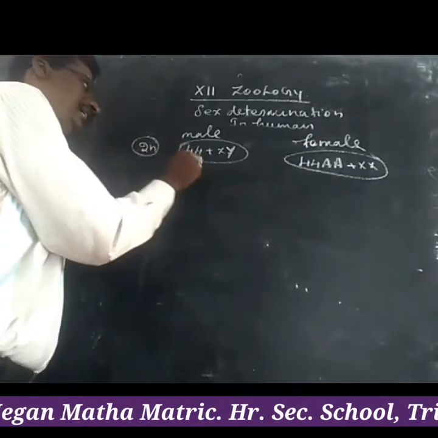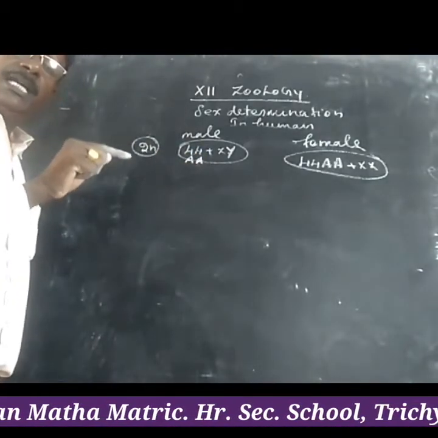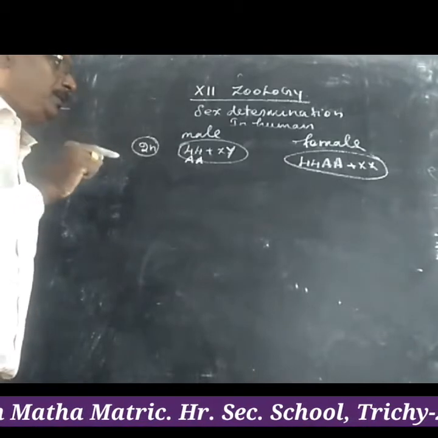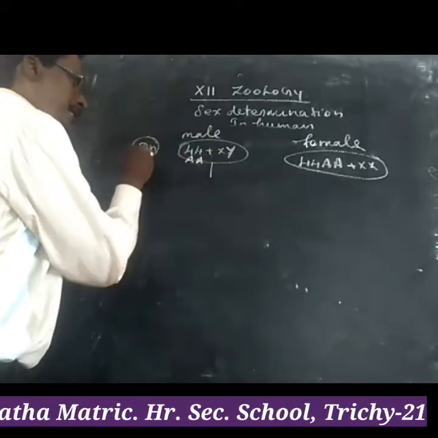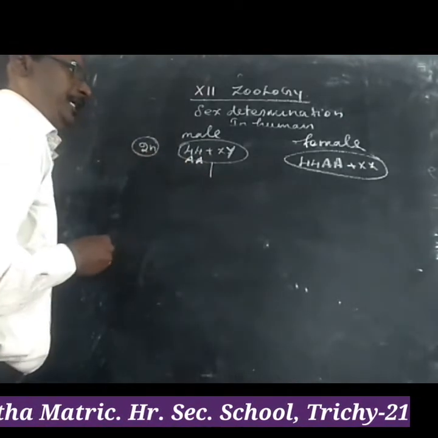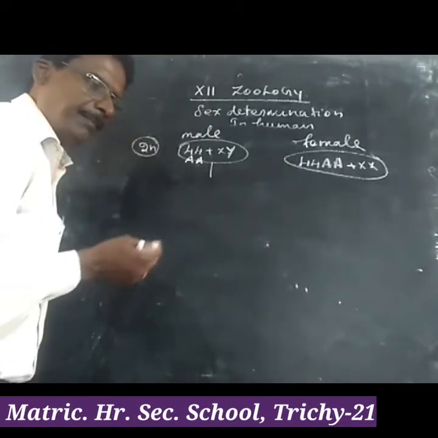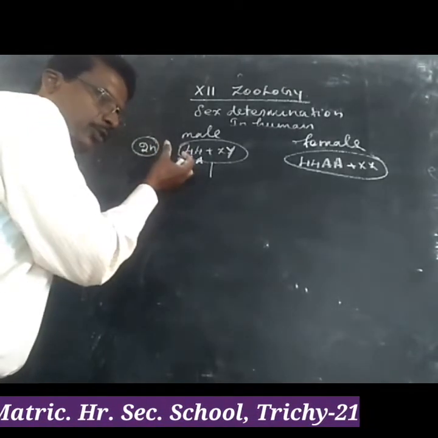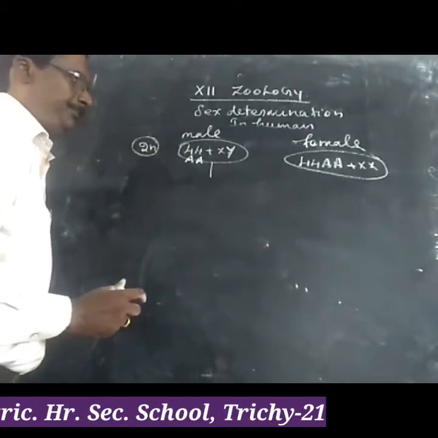Meiosis cell division occurs. So the diploid condition is converted into the haploid condition. The haploid condition means all the chromosomes occur in an unpaired condition.